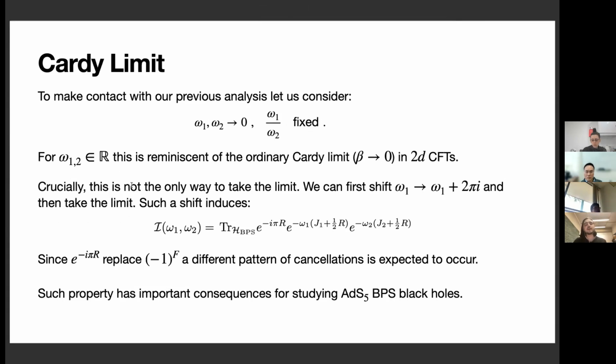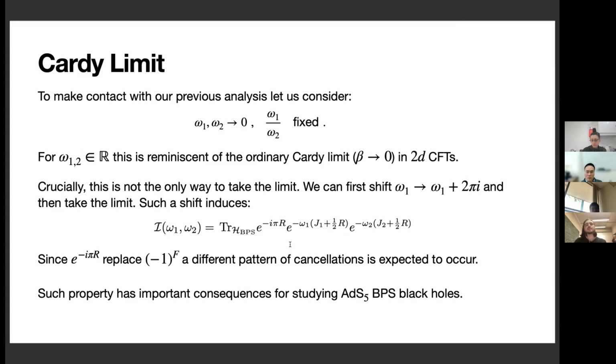In fact, we can allow for complex values of the fugacities, then shift one of them, and only after study the Cardy limit. However, if we do this shift, because the index is not periodic in the fugacity omega 1, we will replace the index by this new object, which instead of having the factor (-1)^F, has (-1)^F replaced by this (-1)^R, the R charge.